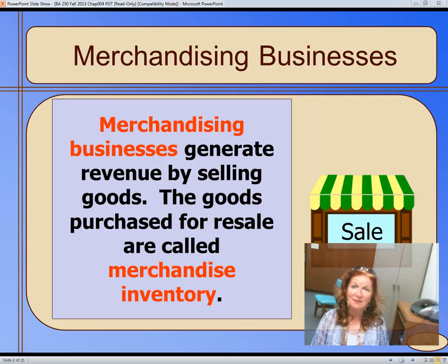Same math, same ideas, but now you're reducing your revenue instead of your expenses. So you're reducing your revenue for a sales discount. A discount to your customer that says pay us promptly and you can pay us less.